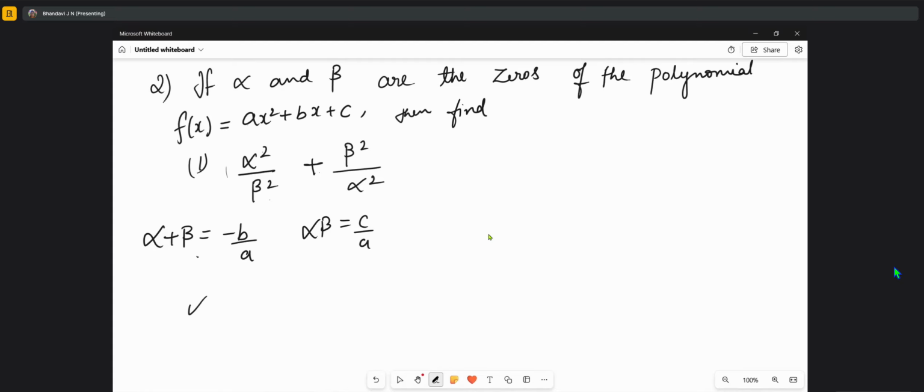Okay. Now alpha square by beta square plus beta square by alpha square is there. If I take the LCM, what will be the LCM? Multiplication of these two terms. Correct? So you will get beta square into alpha square. Okay. So LCM by the denominator, that is beta square into alpha square by beta square, what you will get?